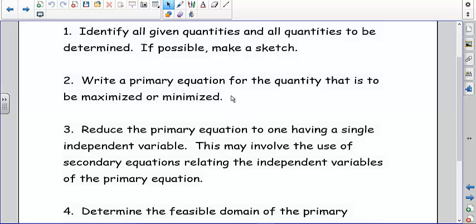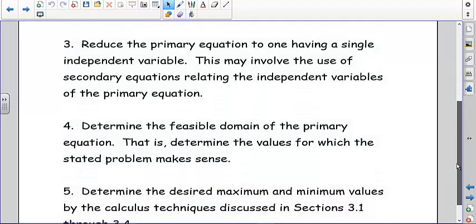So once you have substituted the secondary equation into the primary equation so that it's a function of only one variable, then you take the derivative and you also limit your domain to feasible solutions. So you could have a mathematical expression that would give you a negative area, but you know that area cannot be negative.